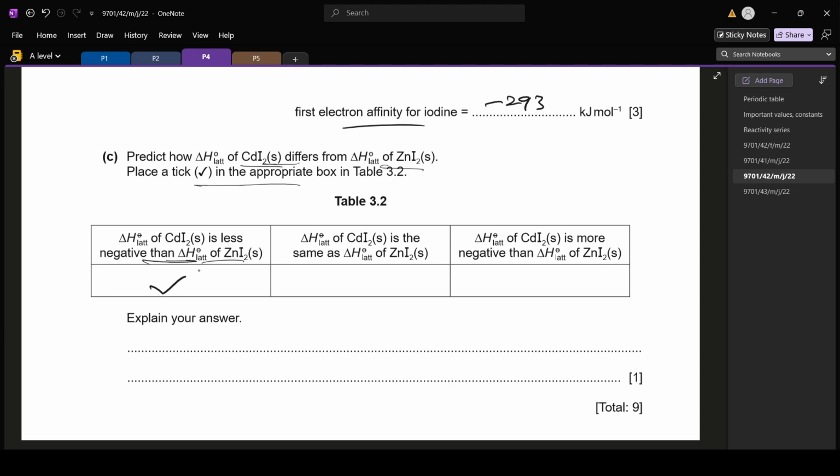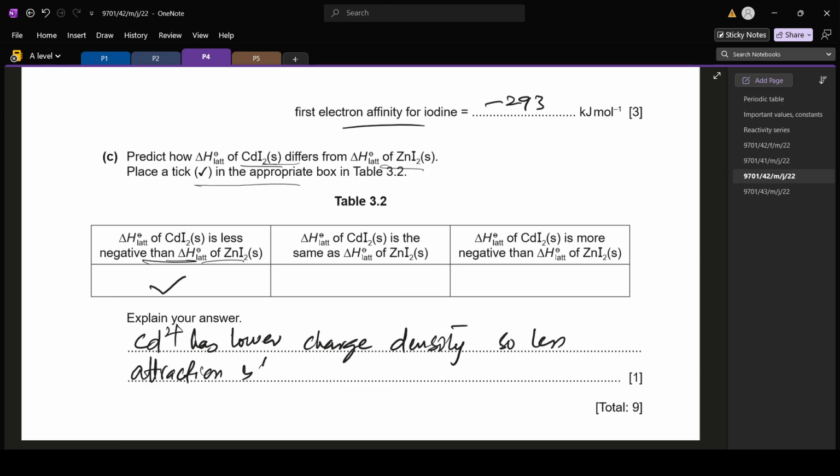Because the cadmium 2 plus is larger or has lower charge density, so less attraction between the ions.